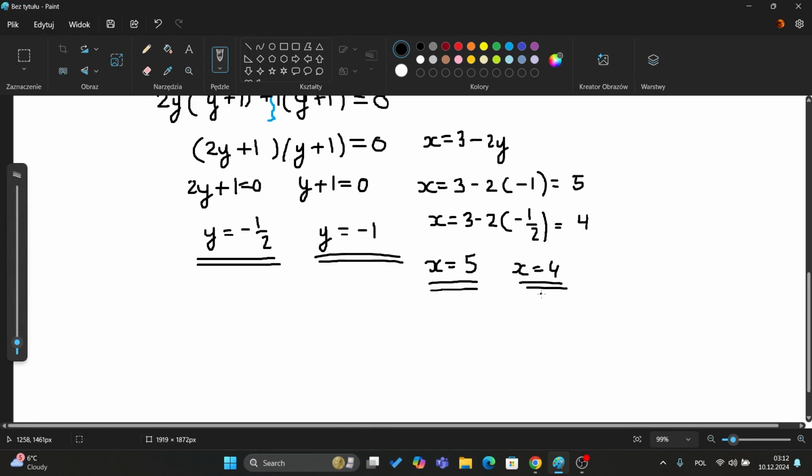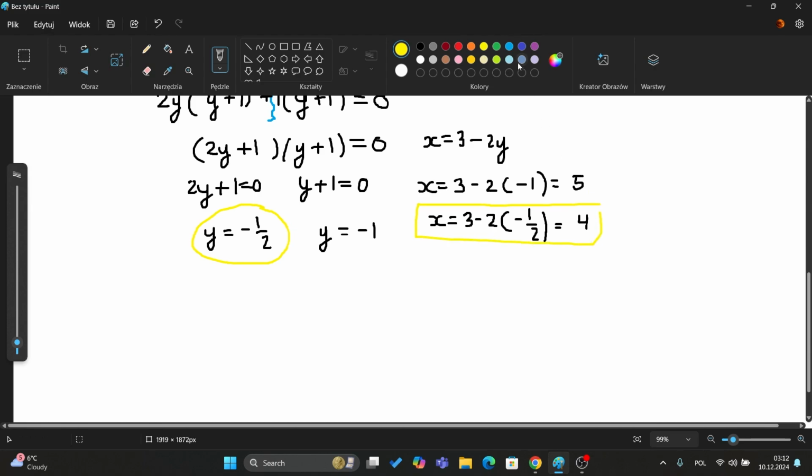But what we want to do is to group them together. So basically, when we have y equals minus a half, then we have x equal to 4, and when we have x equal to 5, we have y equal to negative 1.